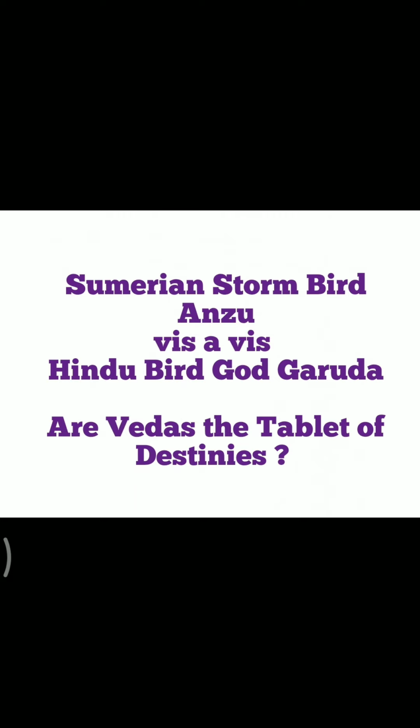All three are supposed to be the sons of Abzu. Anzu is supposed to be the son of Abzu, the first god, the primordial god, god of fresh waters. And then there is Kingu. Kingu is also supposed to be the son of Abzu and Tiamat, but later becomes the commander of Tiamat's army.